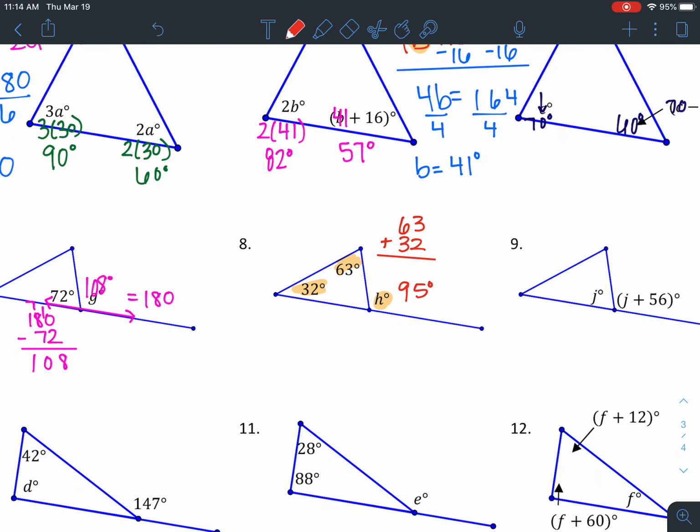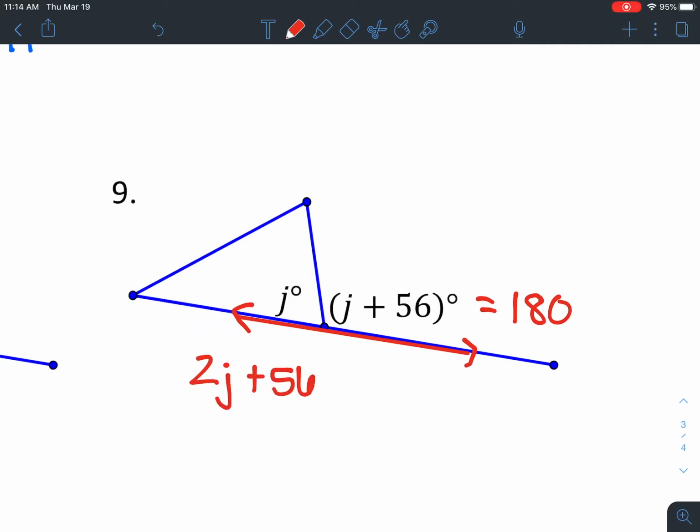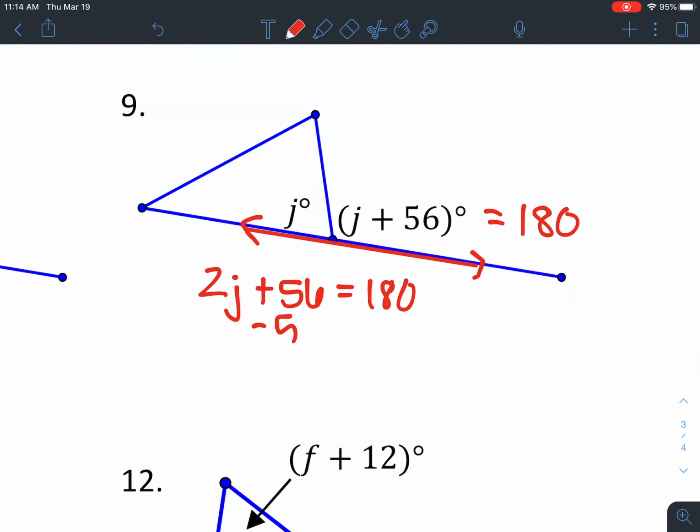Let's do one more together. So number 9, these form a straight line. So that means together they have to equal 180. So j plus j, 2j, plus 56 equals 180. Step 1, subtract 56.